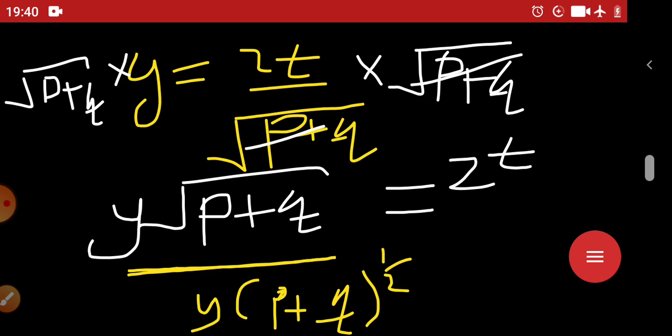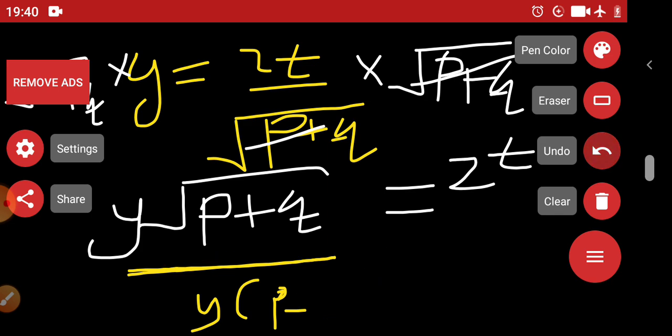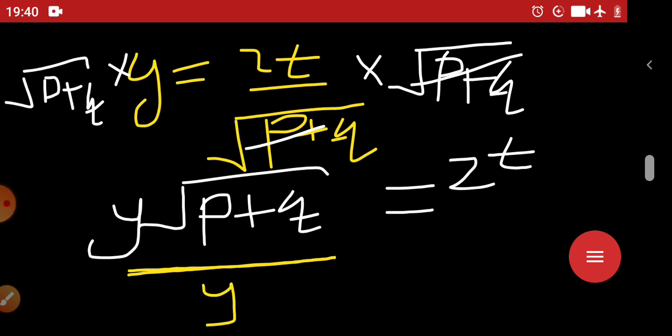You can expand if the brackets are to the power of not 1, but to the power of half or squared or something, as long as it's not 1. So you cannot deal with this problem by expanding. That's why it is convenient to divide by G on both sides, so that I remove this G.